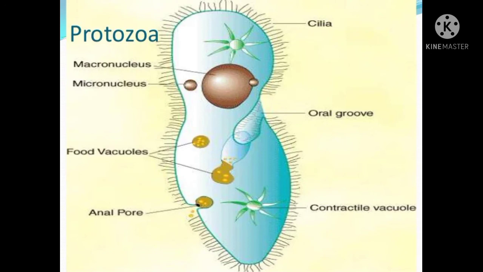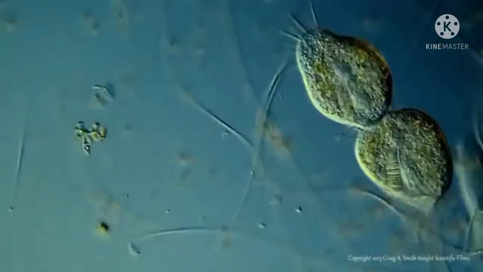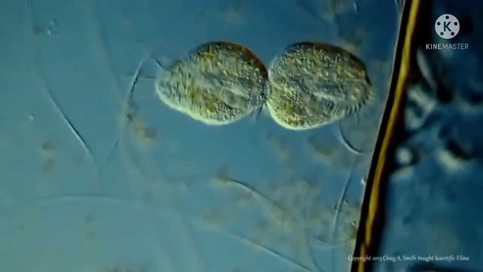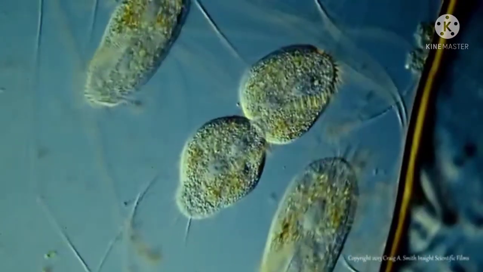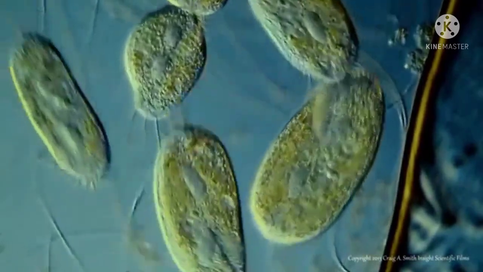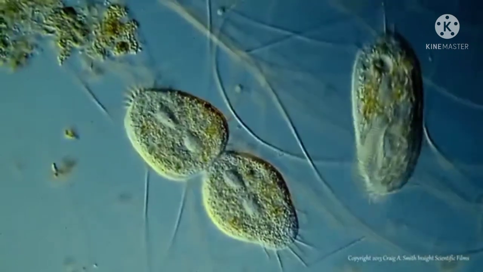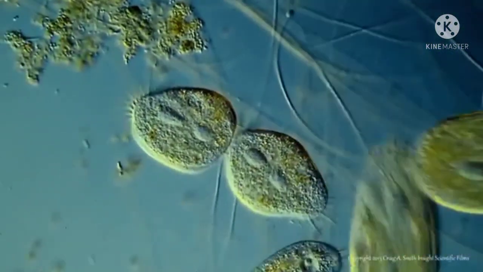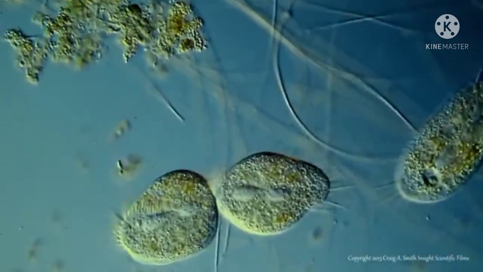Then the food vacuoles, as you can see. When the protozoa eats food, it makes food vacuoles. Now here you can see a clip of a live protozoa seen under the microscope. This is how the protozoa looks, and the hair-like structures help them to move.